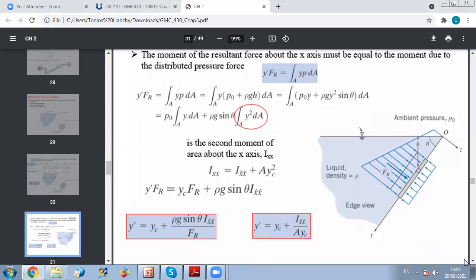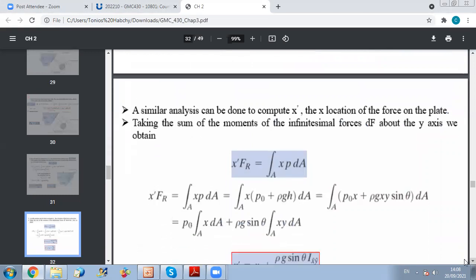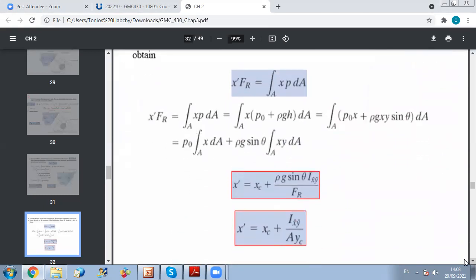I will go to the moment equation. The moment about y should be the same. It's exactly the same derivation procedure, but now I want to determine the position along x of my resultant force. So it will be x prime times Fr equal to the integral over the area of x times the elementary force dF.